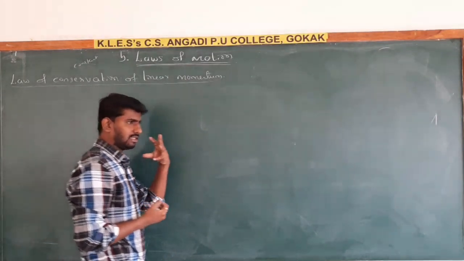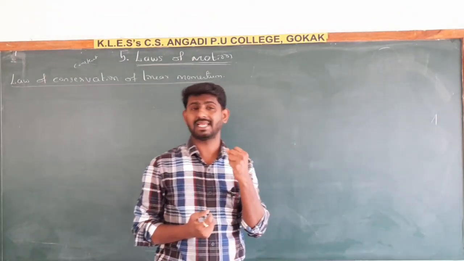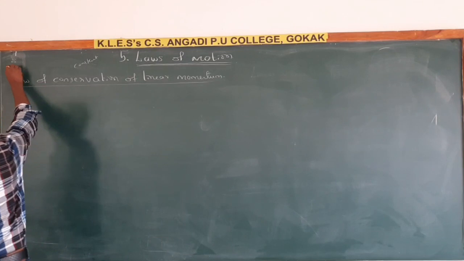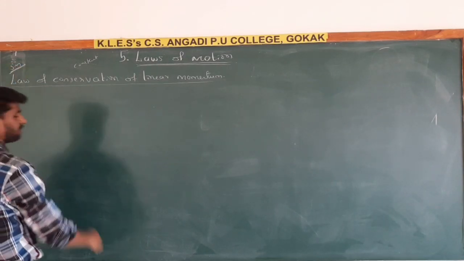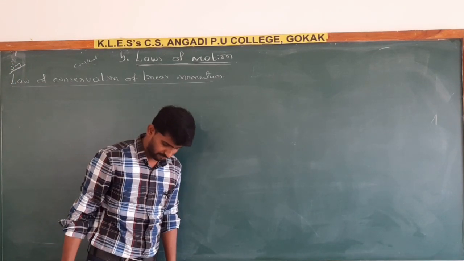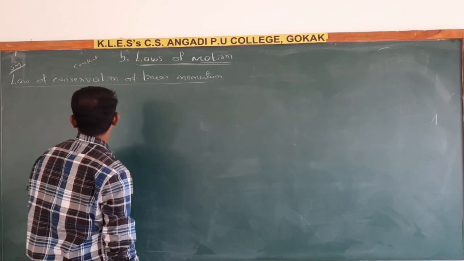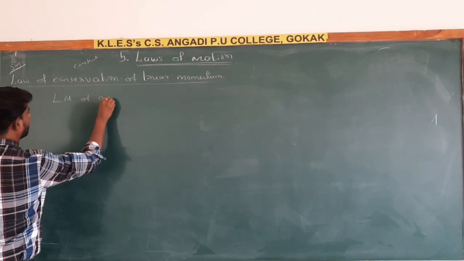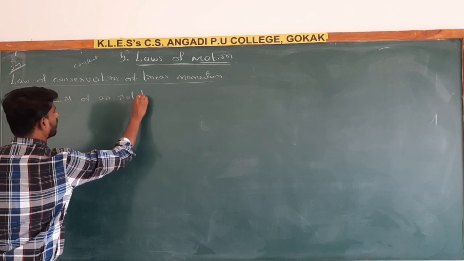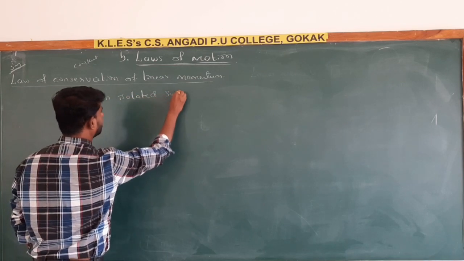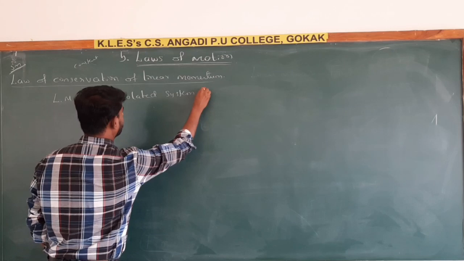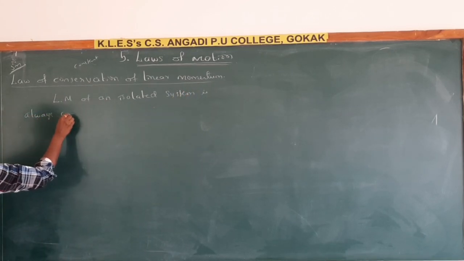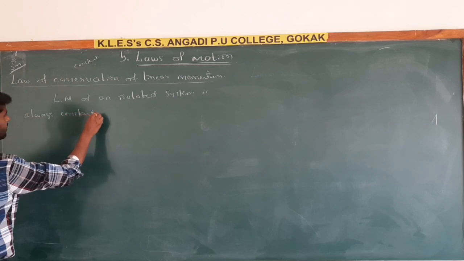You may get a 5 marks question like state and prove law of conservation of linear momentum. So this is important for 5 marks: state and prove law of conservation of linear momentum. The linear momentum of an isolated system is always constant.